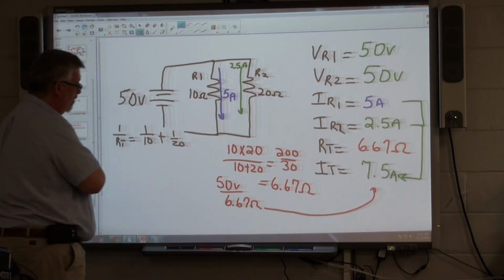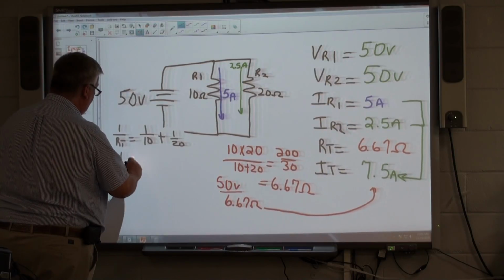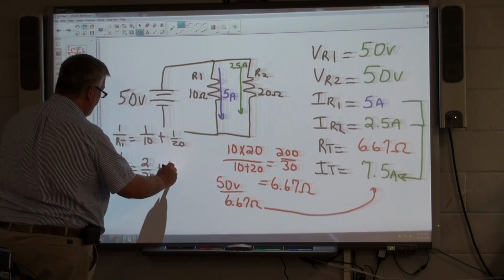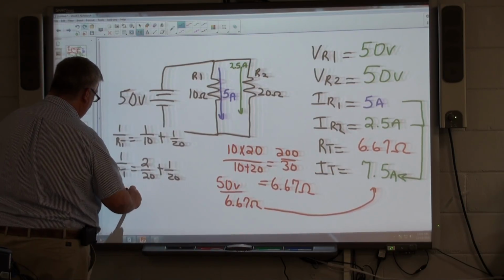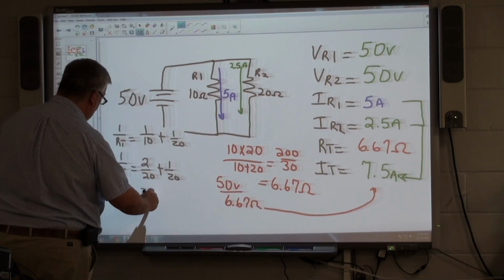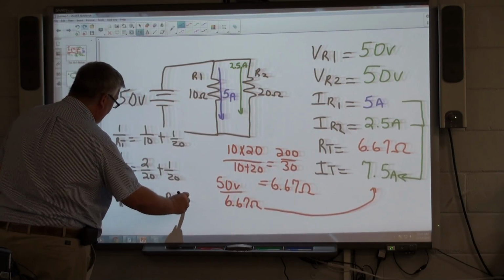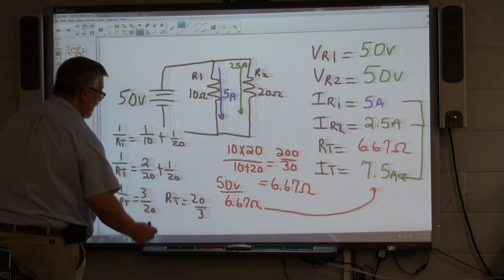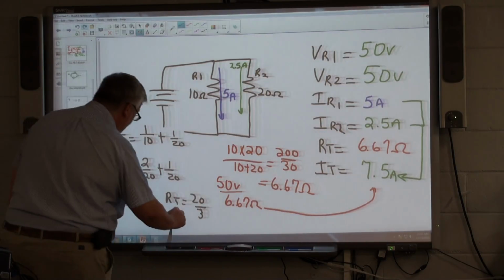Common denominator? 20. 1 over RT equals 2 over 20 plus 1 over 20. 1 over RT equals 3 over 20. We reciprocate both sides. RT equals 20 over 3, and if we do the math, what do we come out with? This is 6.67.